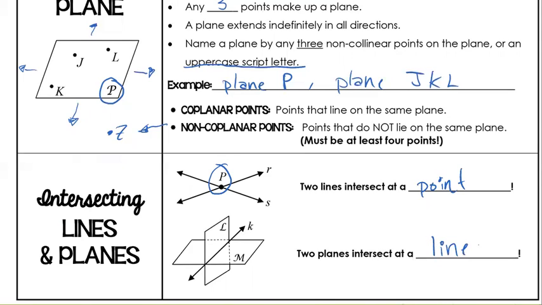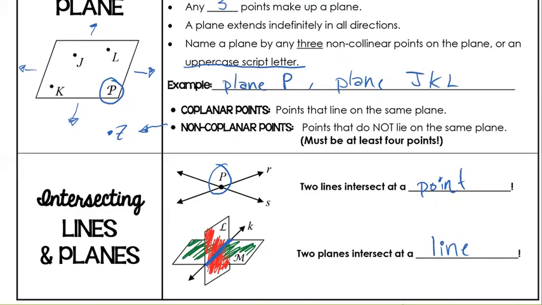It's kind of hard to imagine, but let me see if I can do this. Let's do green. This plane here is my green plane M, and this plane here is my red plane L. Now they're going to intersect here at this blue line.